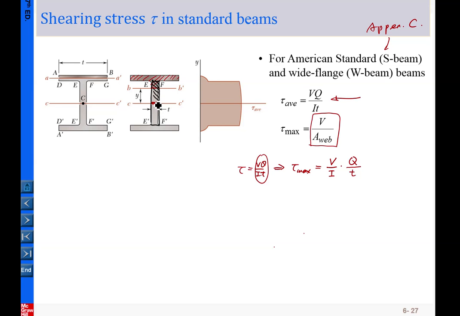This is provided as an approximation, and it seems reasonably good, so why not take it? And if you want to be critical and precise, then you simply go back to the general equations and do the detailed calculation. Then you should get a very precise calculation of the shear stress anywhere, including at BB here.